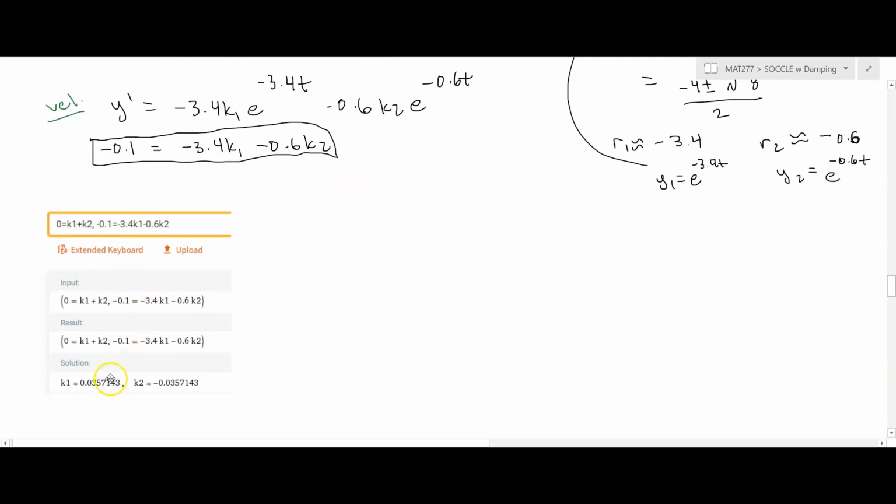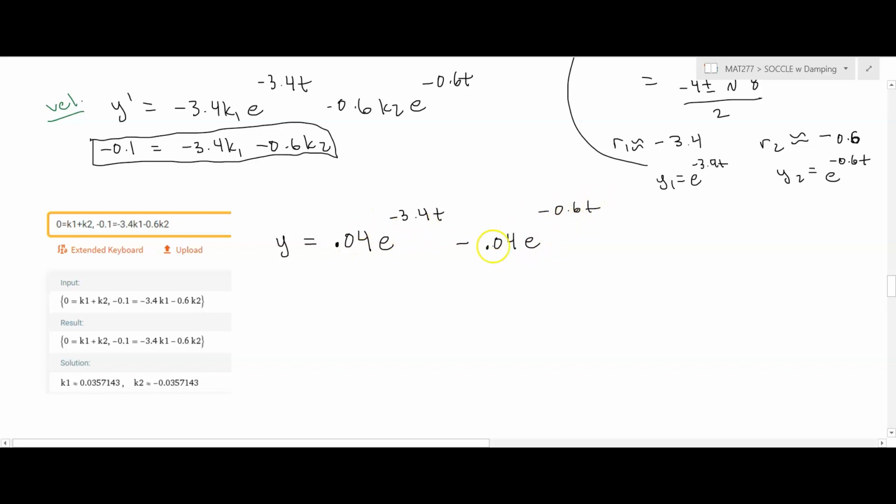And there we go, there's our value of k1 and k2. So we have as our final solution y equals k1, which is about 0.04, e to the negative 3.4t plus k2, which is minus 0.04, e to the negative 0.6t.